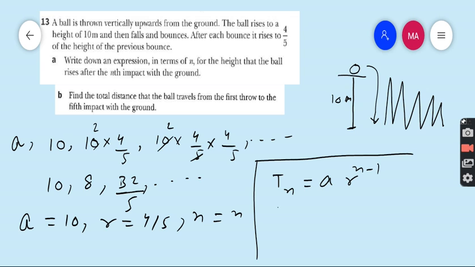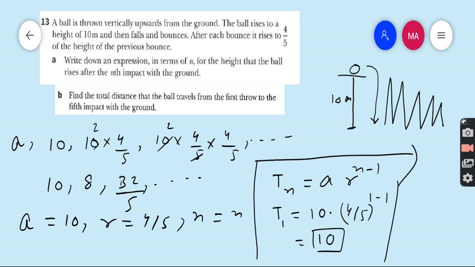If I find T1, a is 10, r is 4 upon 5, n is 1 minus 1. Answer is 10. Next, 10 times 4 upon 5. Now I am going to find the second term. So 2 minus 1 is 1, 5 twos are 10, 2 fours are 8.